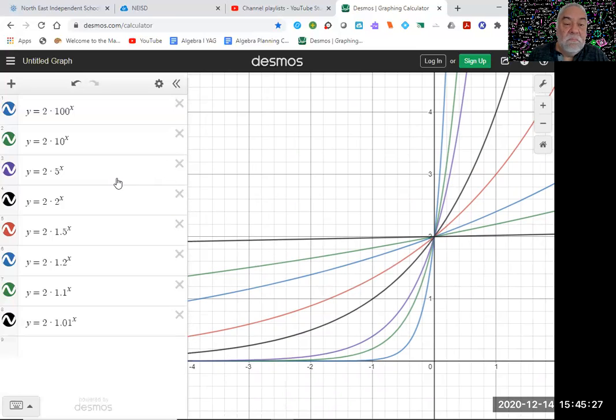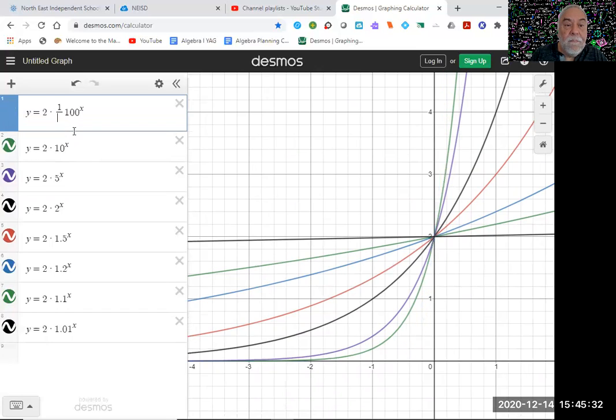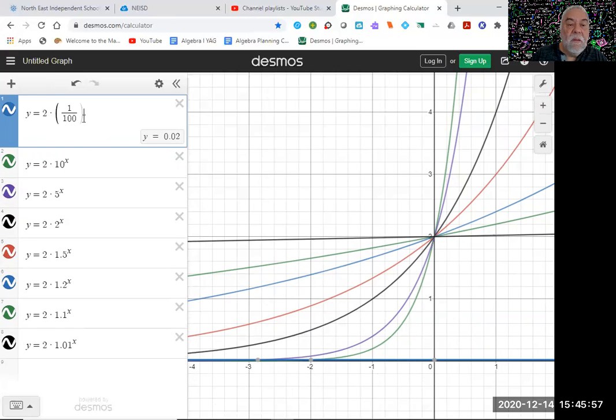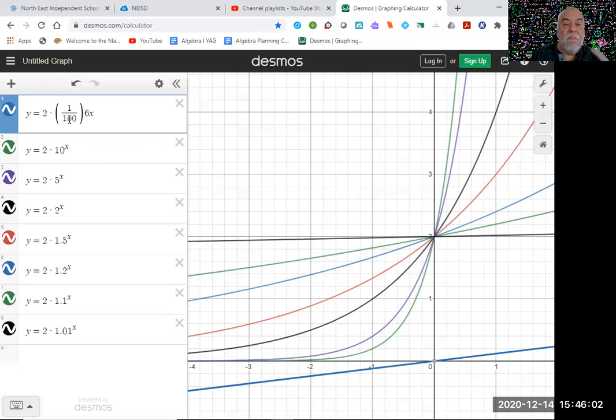If I did the same thing for exponential decay, basically it does the same thing. If I put in 1 divided by 100, let's eliminate all this stuff here. I probably have to put this in parentheses because I want to make the whole thing an exponent, to the x power.